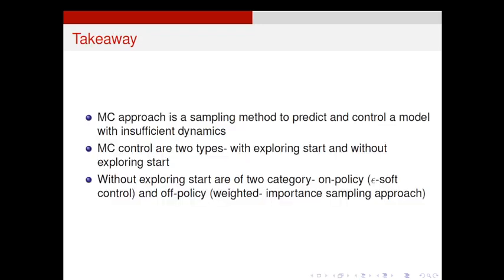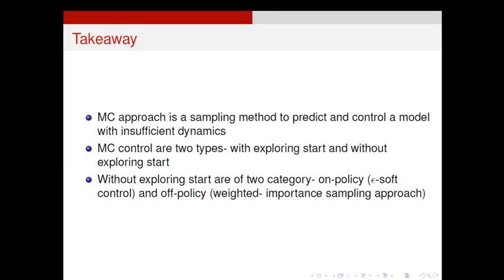Okay. So the important takeaway of this session: the Monte Carlo approach is a sampling method to predict and control a model with insufficient dynamics. Suppose we don't have full information about the transition probabilities, etc. It is better to choose MC. MC control is of two types, with exploring start and without exploring start. With exploring start, we make use of a greedy policy, which will always choose the action with the maximum value.